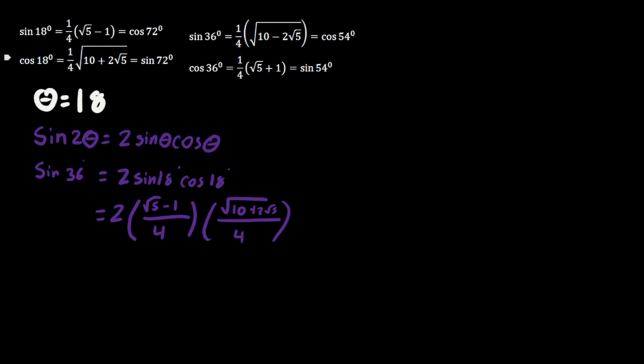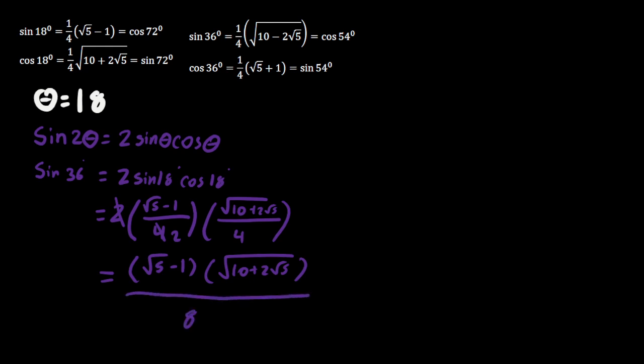So now what we'll do is we'll just try to simplify this as best as we can. So we can cross these two out, and we can say that sine 36 equals this.